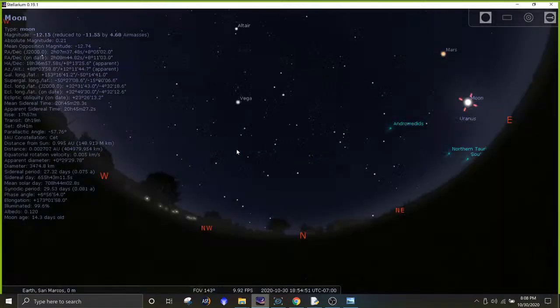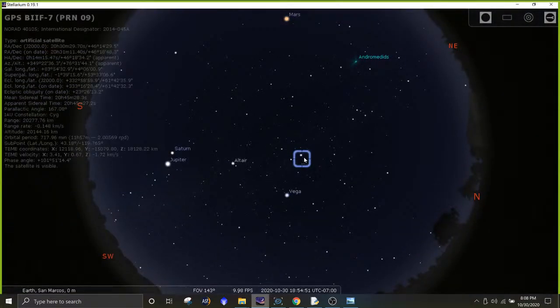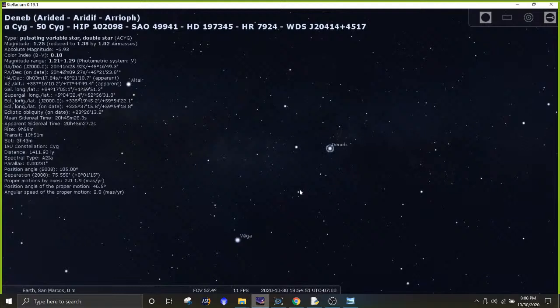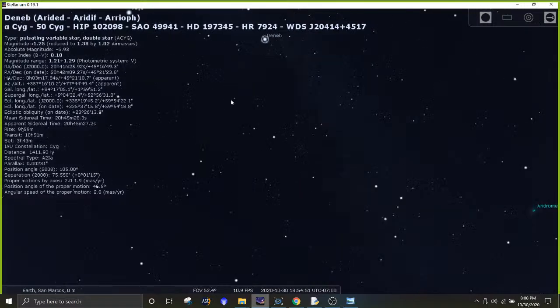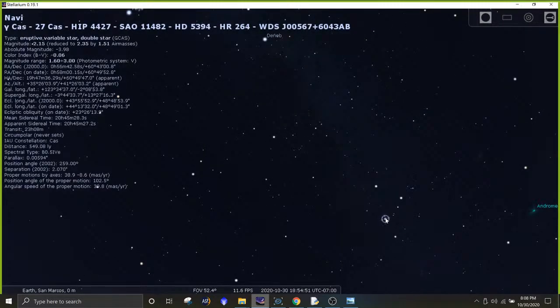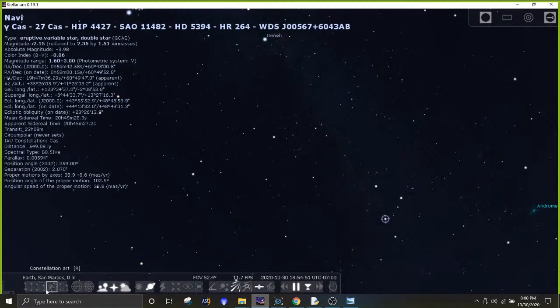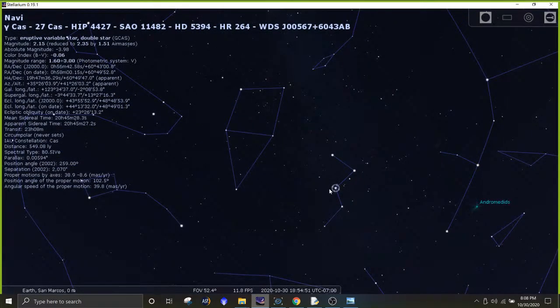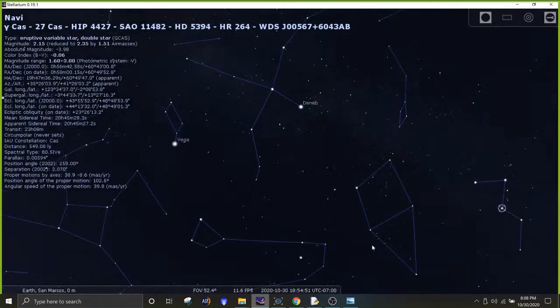And we'll also be looking at another star that's quite famous, Deneb, because it's a variable star with an interesting feature. That's the same with the other object we'll be looking at, which is Gamma Cassiopeia, right in the middle of Cassiopeia. And then we'll be looking at a symbiotic star back in Cygnus.